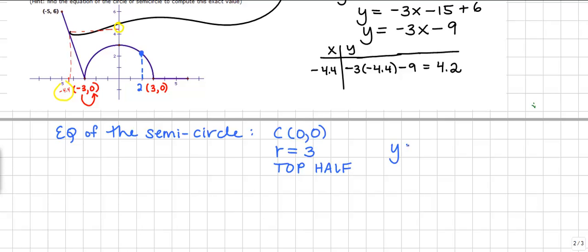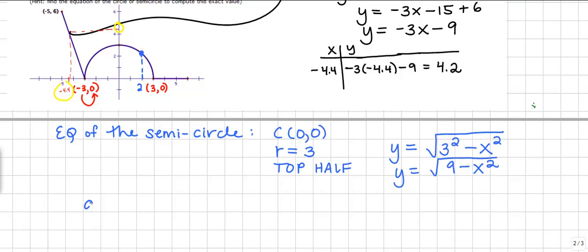then the equation should be y equals the square root of the radius squared minus x squared, and that's all under the square root, or the square root of 9 minus x squared. So that's our formula for g of x if the point we're interested in is on the semicircle.